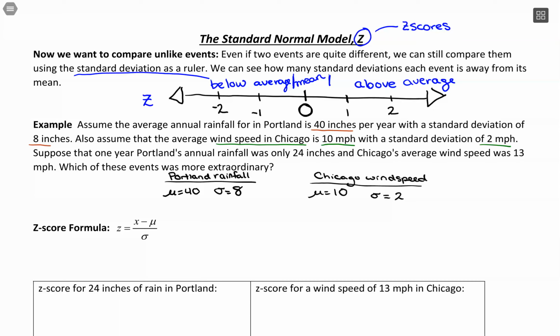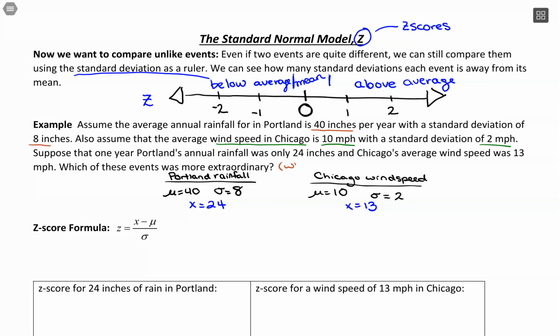So what we're looking at is Portland had rainfall of 24 inches. So we're seeing this one result of 24 inches, and Chicago had a wind speed of 13 miles per hour. And what we want to see is which one was more extraordinary. Or we could think of is this phrasing here of which was more extraordinary.